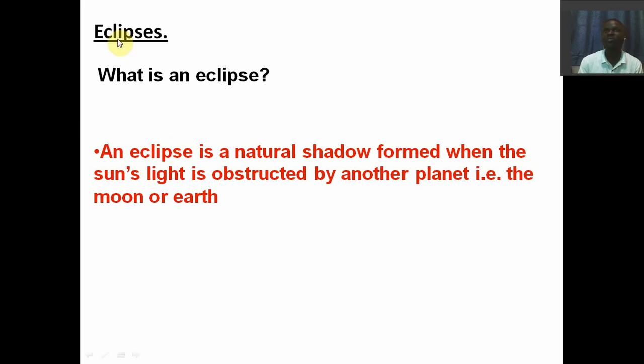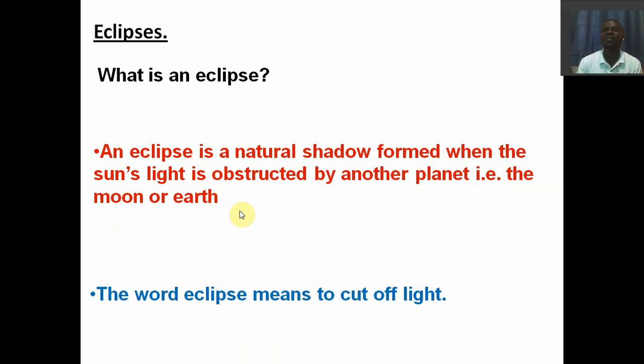What are those other planets we are talking about? It can be the moon or it can be the earth. The word eclipse means cut off light.